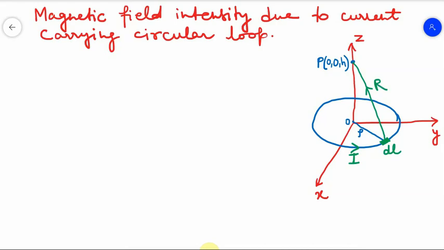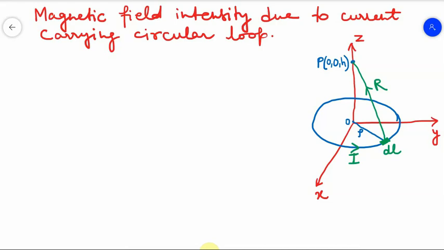This height is h, and the distance between this point and the element is r, and from the origin to the element it is rho. So in the triangle, rho is in one direction, and the resultant of rho and r is h.